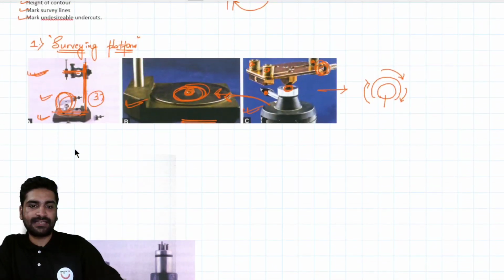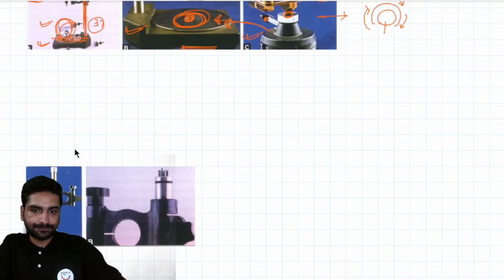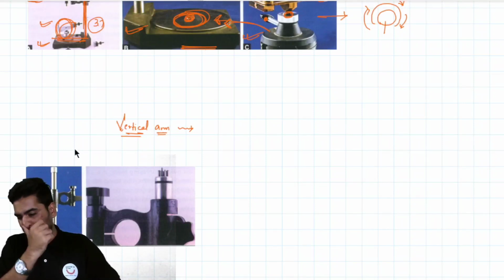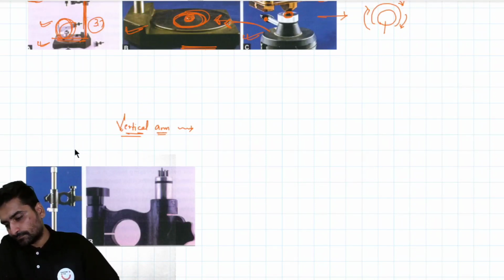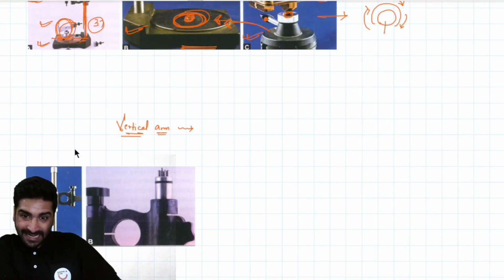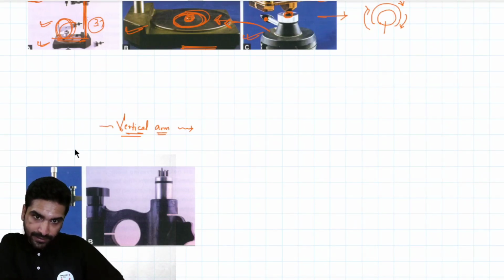Okay, on one side, if I write over here, the vertical arm has two major functions. The first major function is to support or to arise from the surveying platform.